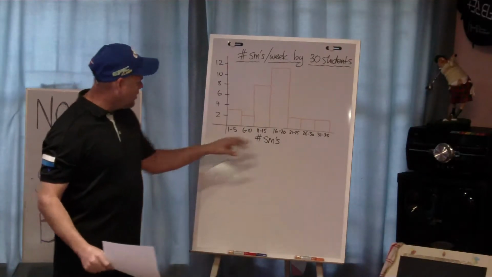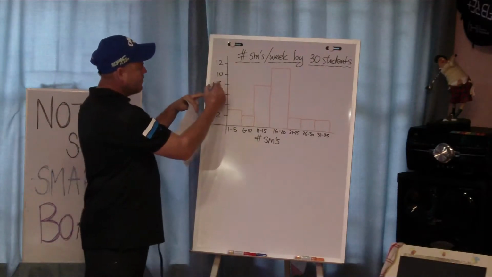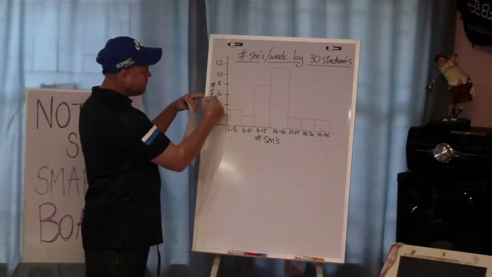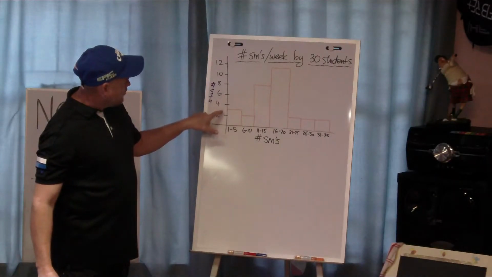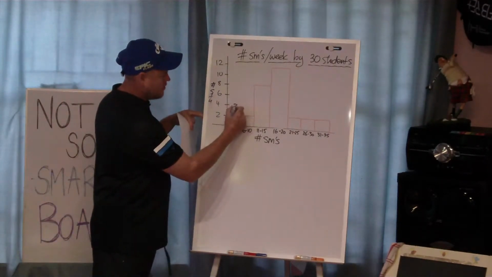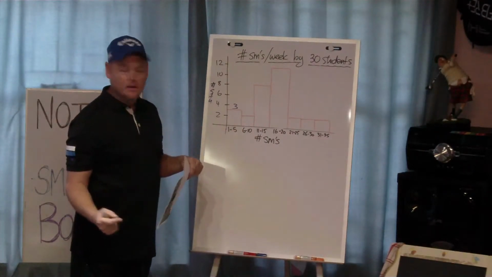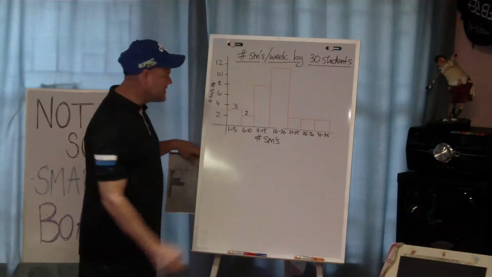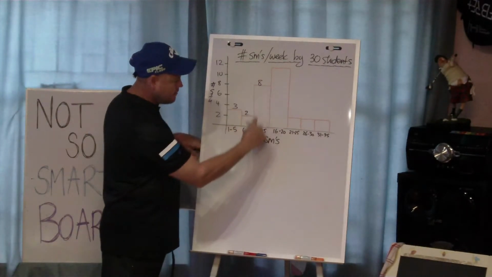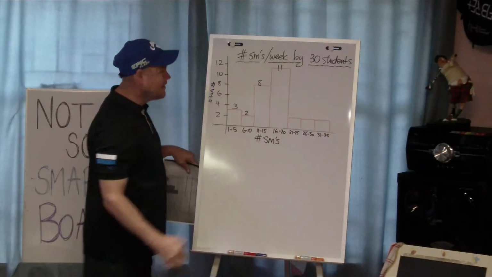So the bottom here are the number of SMSs. This here then must be the number of students. I can see here that 3 students send between 1 and 5 SMSs per week. 2 students send between 6 and 10 SMSs. 8 students send there. 11 students send between 16 and 20.